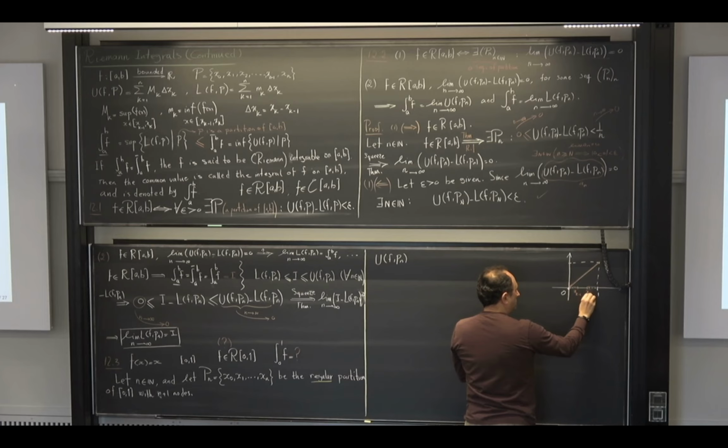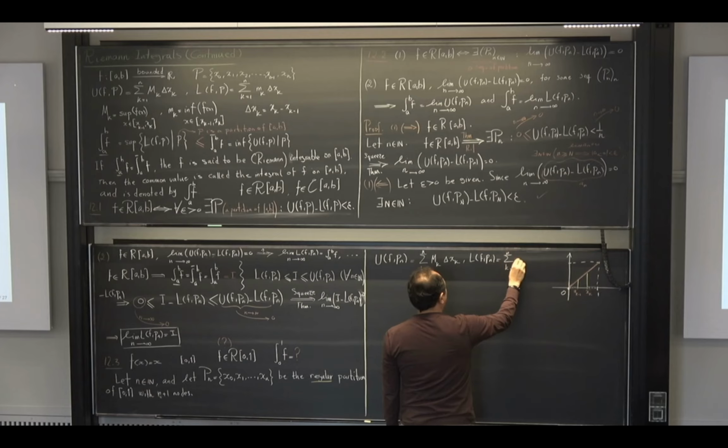The formula which I started today is the sum over k from 1 to n of M sub k delta x sub k. And for L, I have the sum over k from 1 to n of little m sub k delta x sub k.